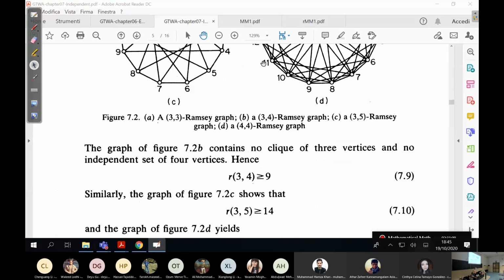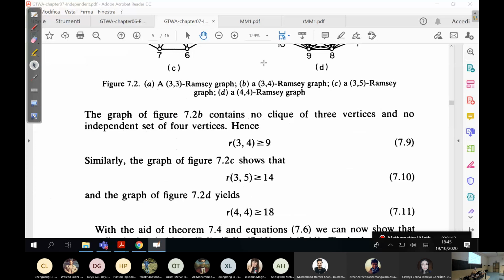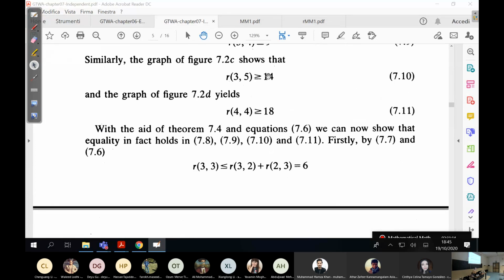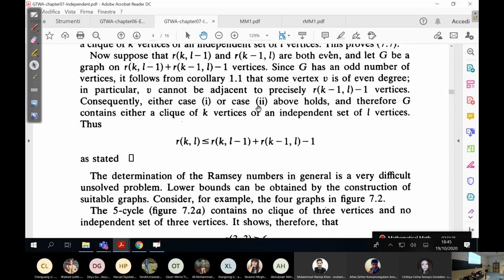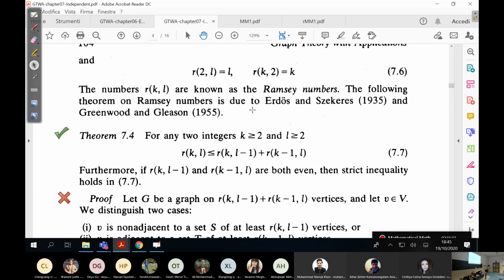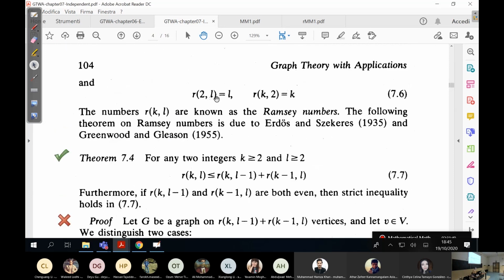But then, out of the theorem we have seen, R(3, 3) is less than or equal to R(3, 2) + R(2, 3). But we know R(3, 2) and R(2, 3). They are both 3. We saw that before.